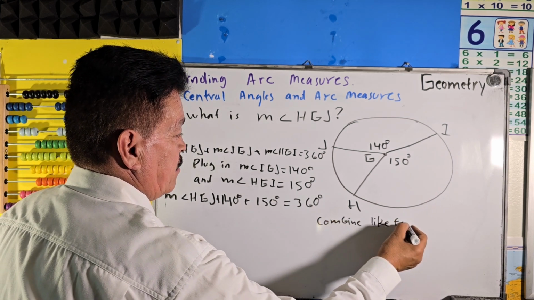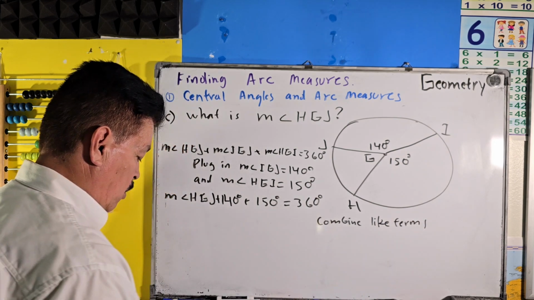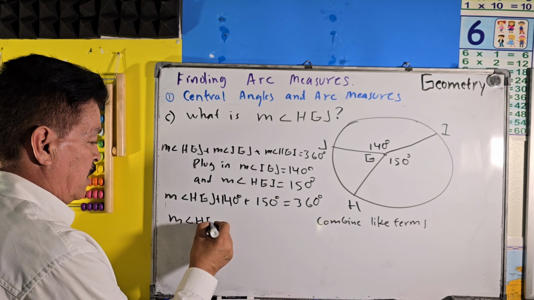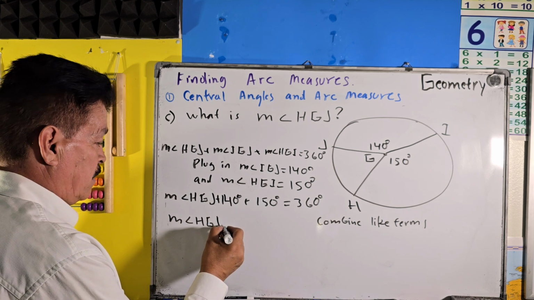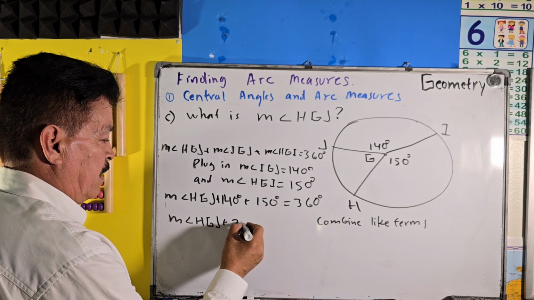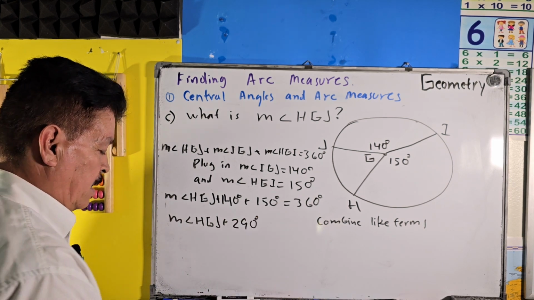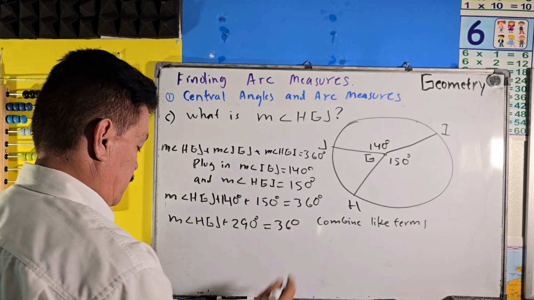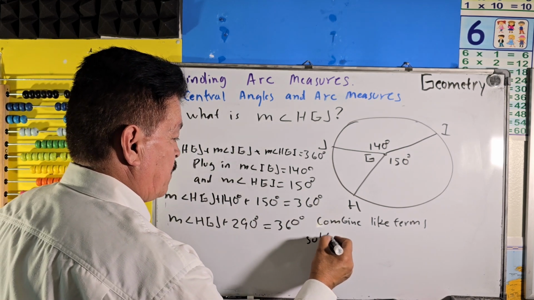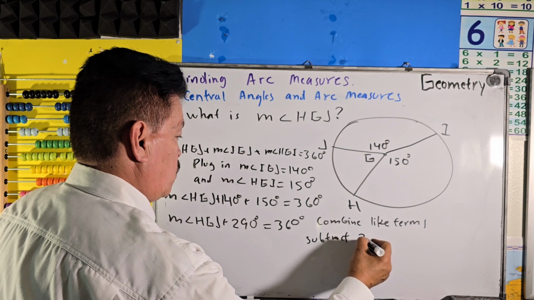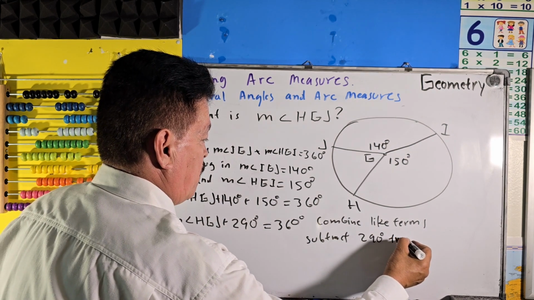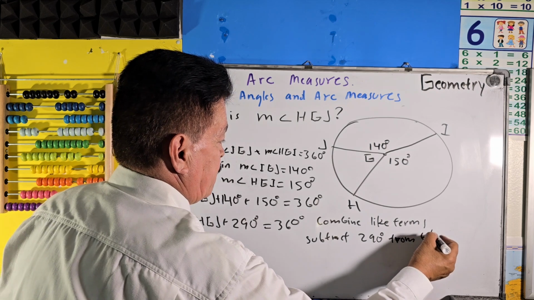We combine like terms, and we have the measure of angle HGJ plus 290 degrees equals 360 degrees. Now we subtract 290 degrees from both sides.